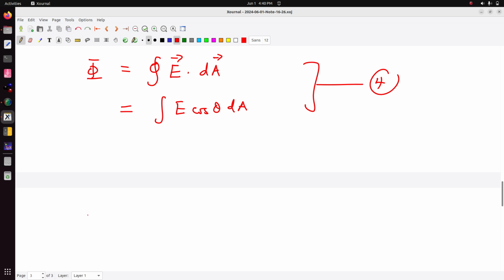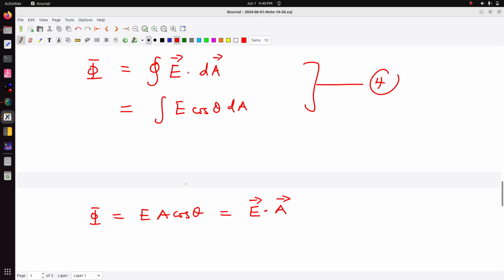So we can say that the electric flux, capital letter phi, equals EA cos theta, or we can write it as the scalar product of E dot A. In this case, we assume that the E is a constant. So it means we can bring the E outside the integral.